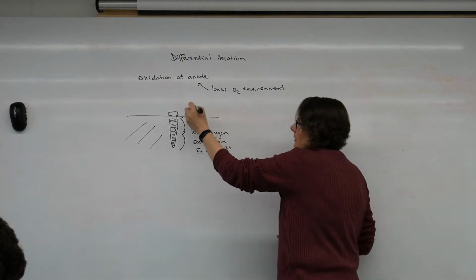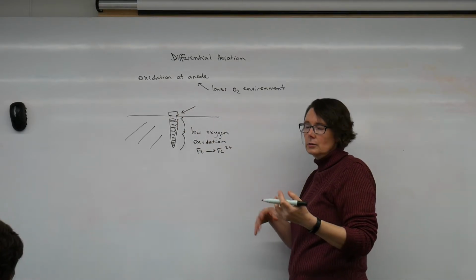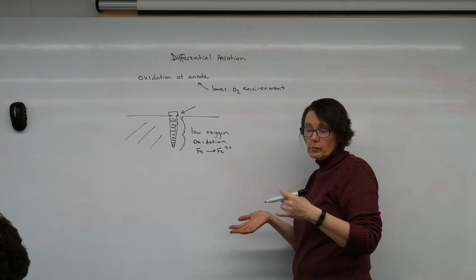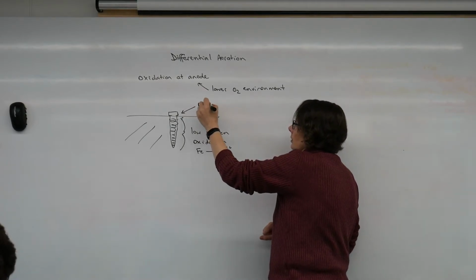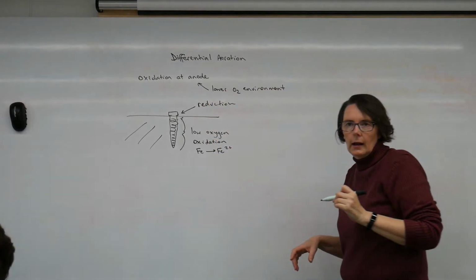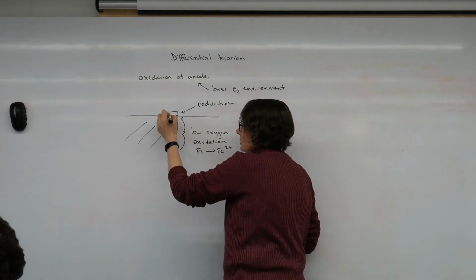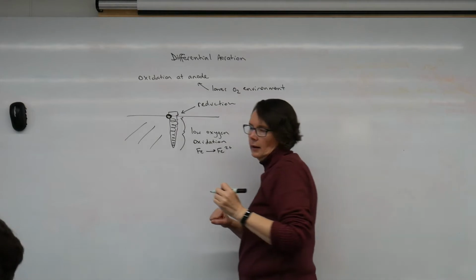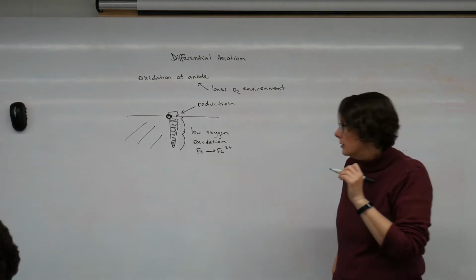And so the nail head is in that higher oxygen and also exposed to water if it rains or if it's high humidity. And so we're going to have reduction occurring here. And the rust accumulates at that interface there between the anode and the cathode.